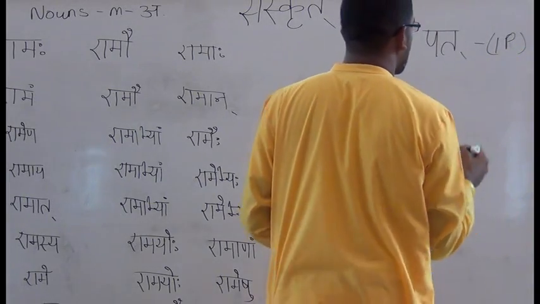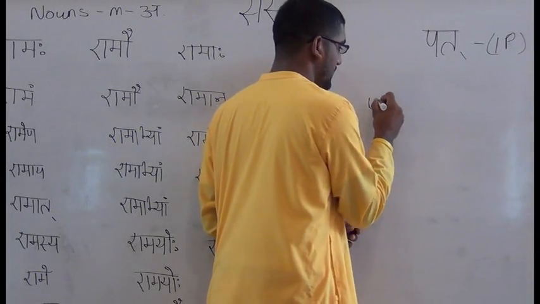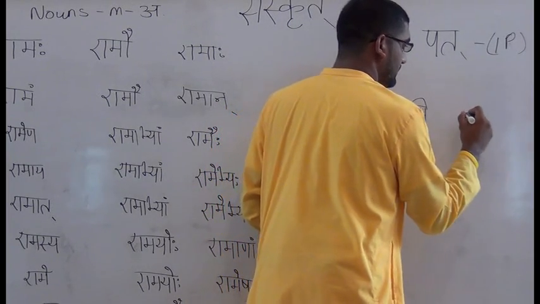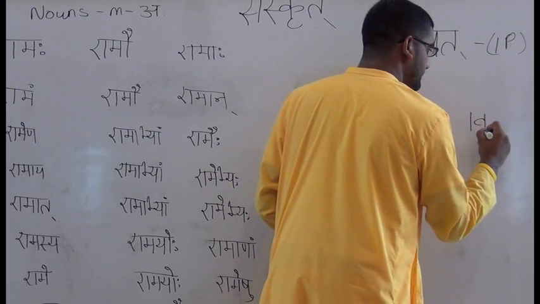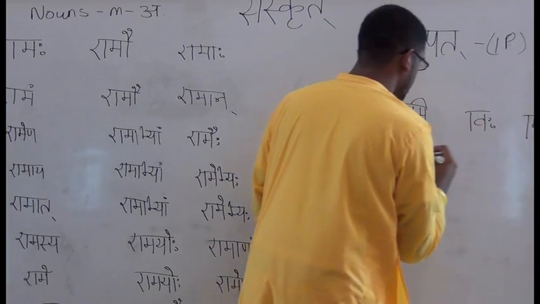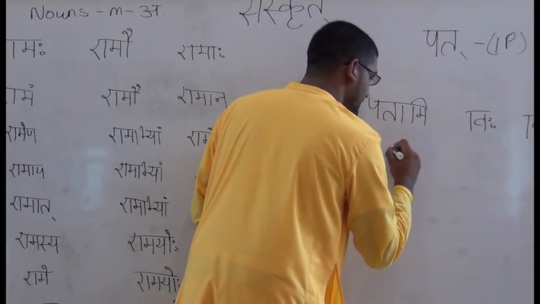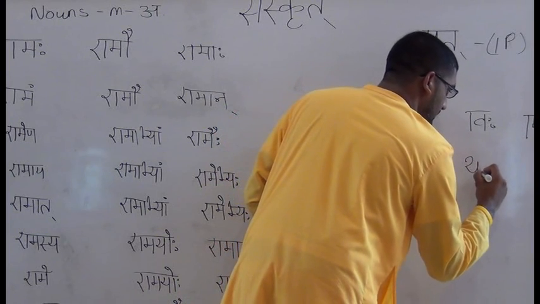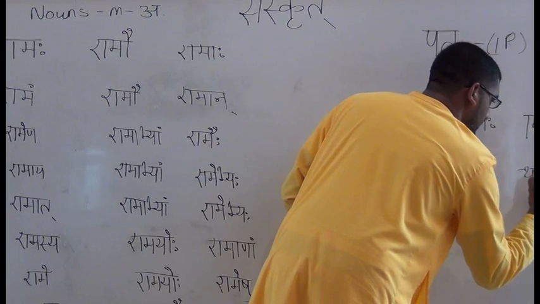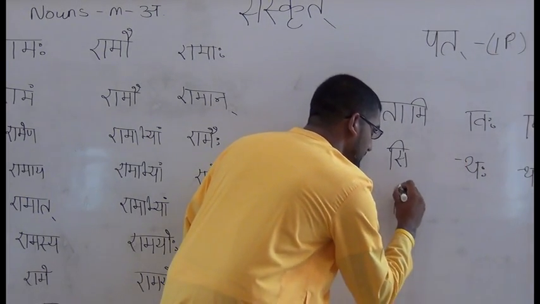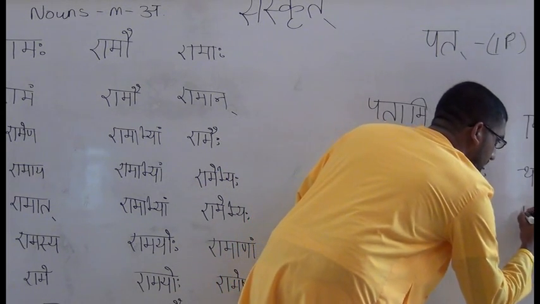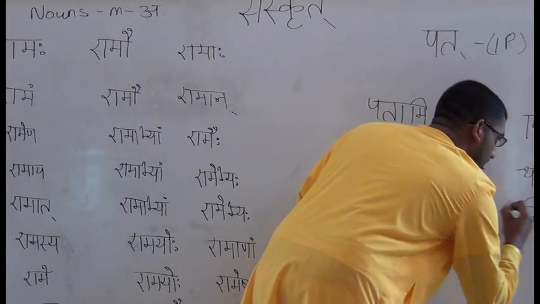The first conjugation, parasmaipada, follows the form of patami, patavaha, patamaha, patasi, patataha, patata, patati, patataha, patanti.